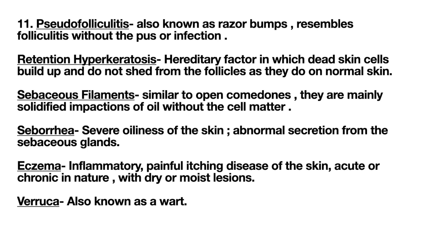Retention hyperkeratosis, a hereditary factor in which dead skin cells build up and do not shed from the follicles as they do on normal skin. Sebaceous filaments, similar to open comedones, are mainly solidified impactions of oil but without the cell matter.